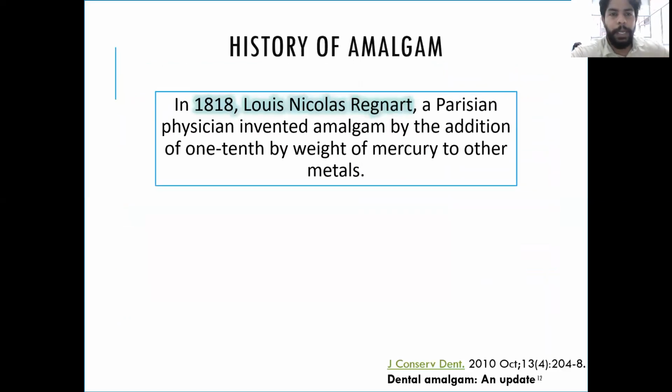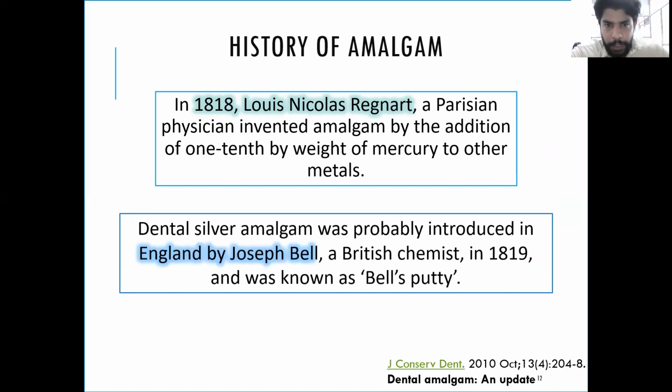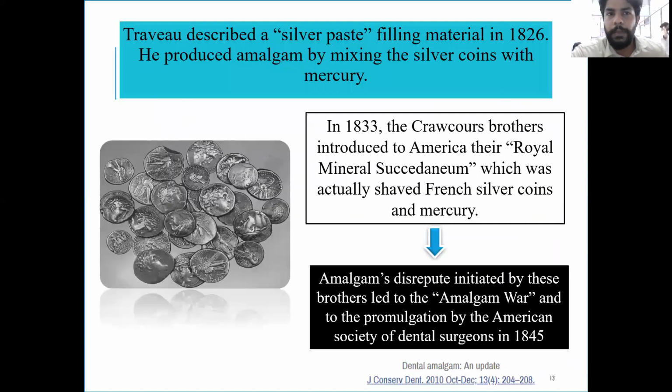Coming to the history of amalgam, in 1818, Louis Nicolas Regnart, a Parisian physician, invented amalgam by the addition of 1/10 by weight of mercury to other material. Dental silver amalgam was probably introduced in England by Joseph Bell, a British chemist, in 1819 and was known as Bell's putty. Taveau described a silver paste filling material in 1826.